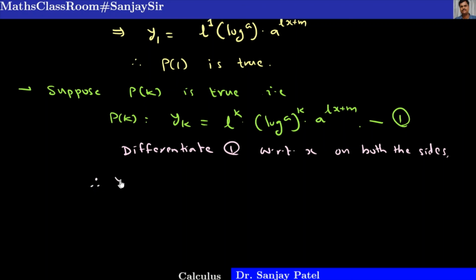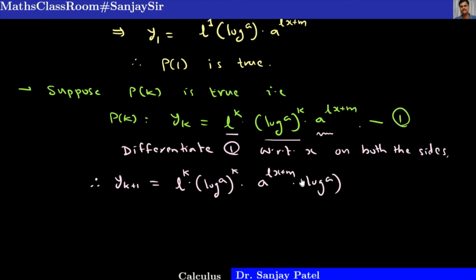In the right hand side, L raised to k and log of a raised to k are all constants, and since the constant is in a multiplication, we keep it as it is. Now we differentiate a raised to lx plus m according to our standard formula, that is a raised to lx plus m into log a, into the derivative of lx plus m, which is L, using the composite function rule.